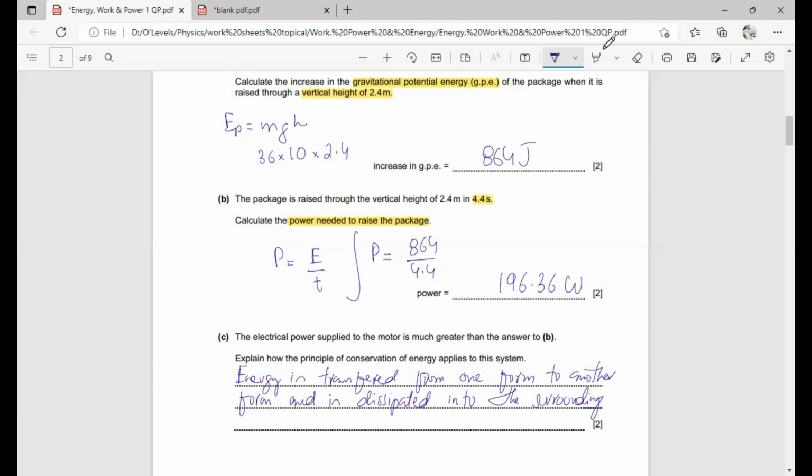So can you just write that energy is lost due to resistance into the surroundings, in the form of heat due to friction and sound. If you just write that, you will get it correct.